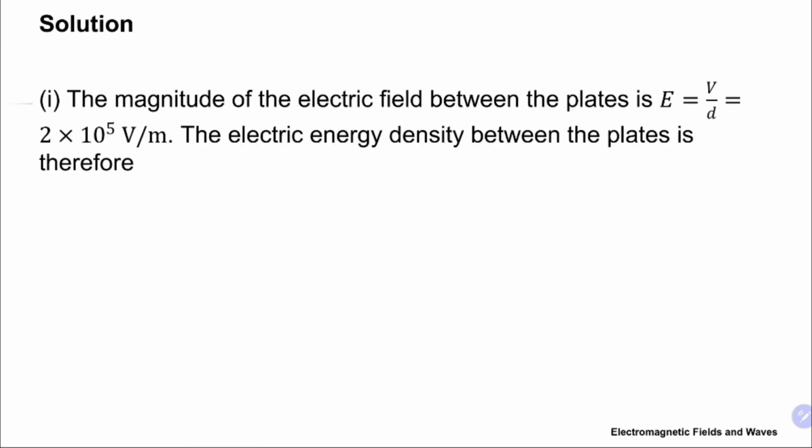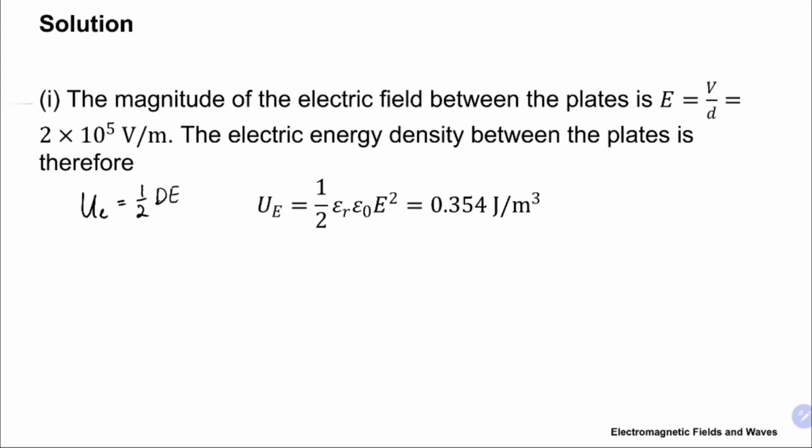The electric field between the plates equals the voltage divided by the separation. That will be 2 times 10 to the 5 volts per meter. The electric energy density between the plates equals half D times E, and D equals epsilon r epsilon naught E, and therefore we get half epsilon r epsilon naught E squared.